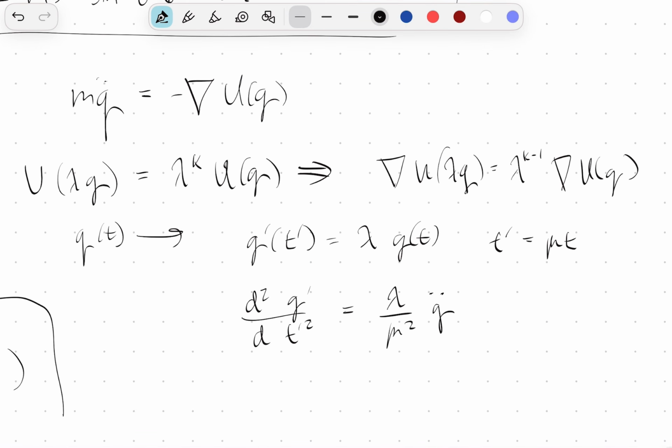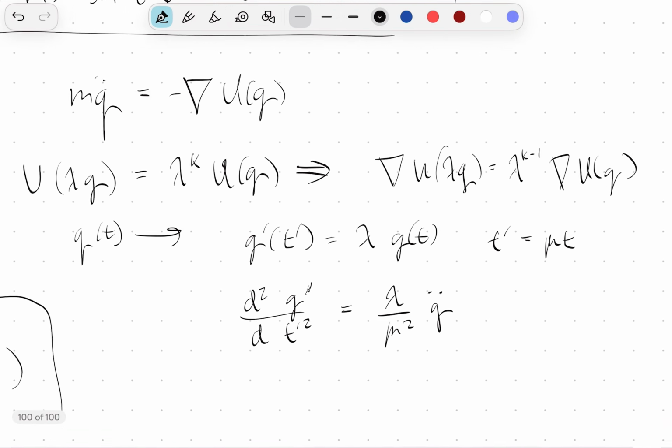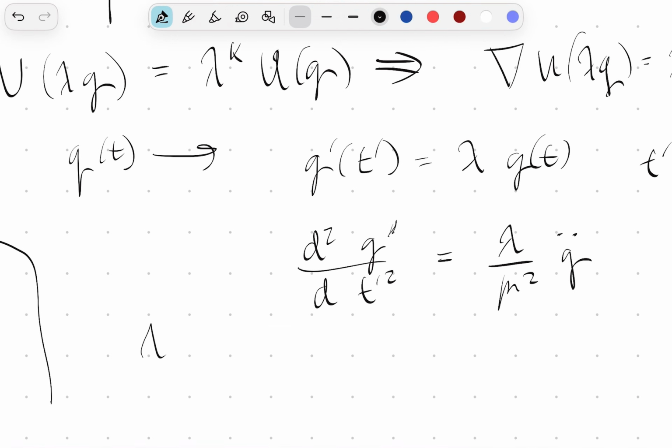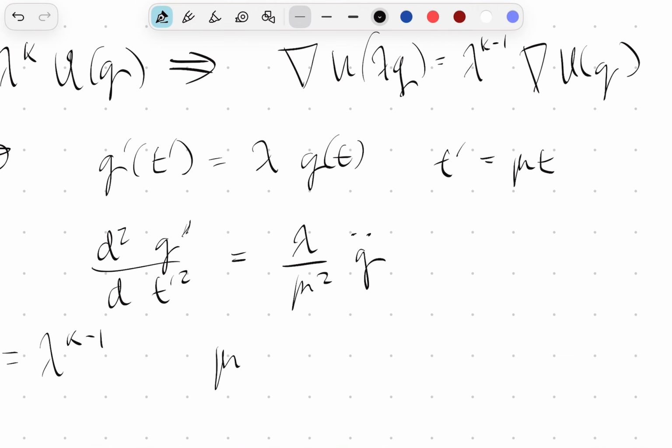And for q prime to satisfy the equation of motion, what has to happen is that lambda over mu squared is equivalent to lambda to the k minus 1, which means that mu squared should be equivalent to lambda to the 2 minus k, or mu is just lambda to the 1 minus k over 2.